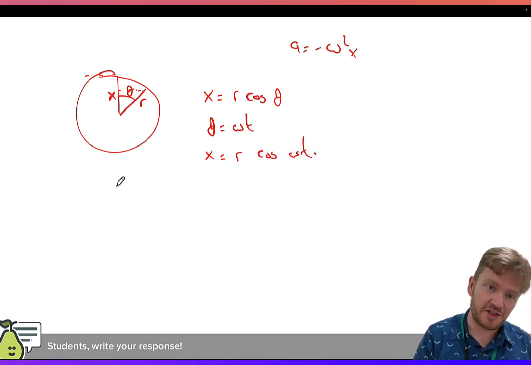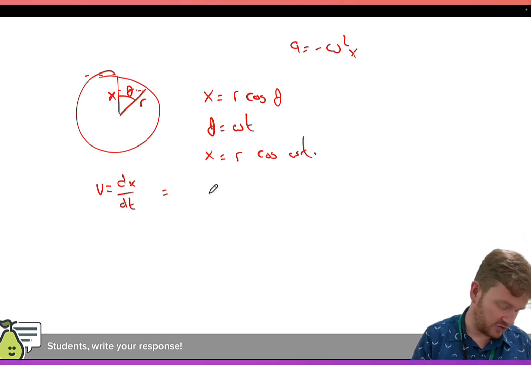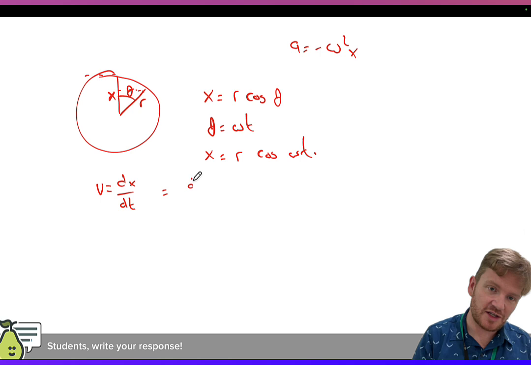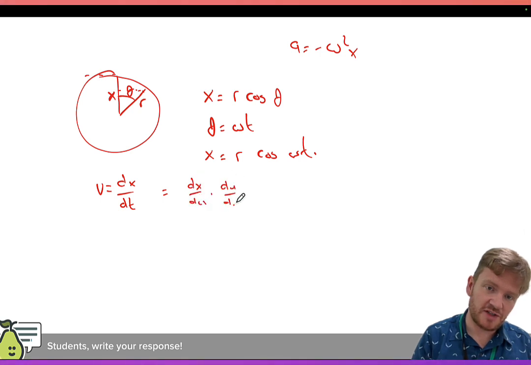Now from maths, I know that velocity is the differential of x with respect to time. So I would show some detail, but I'm just going to use the chain rule, and I'm going to say dx by du multiplied by du by dt. I'm going to let u equal omega t, and you can try this at home and figure it out, but what you should get is r omega cos omega t.